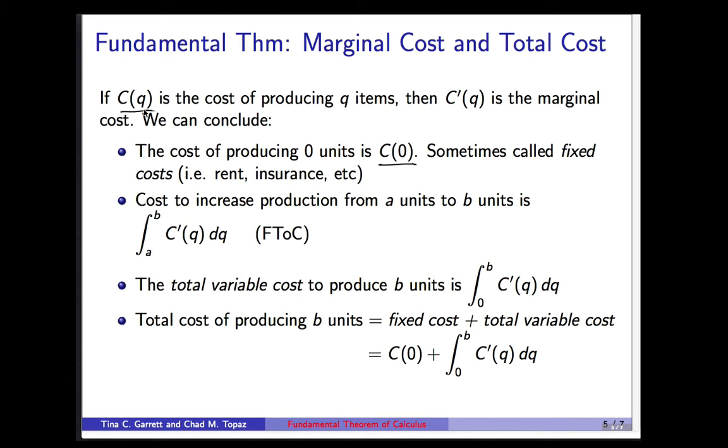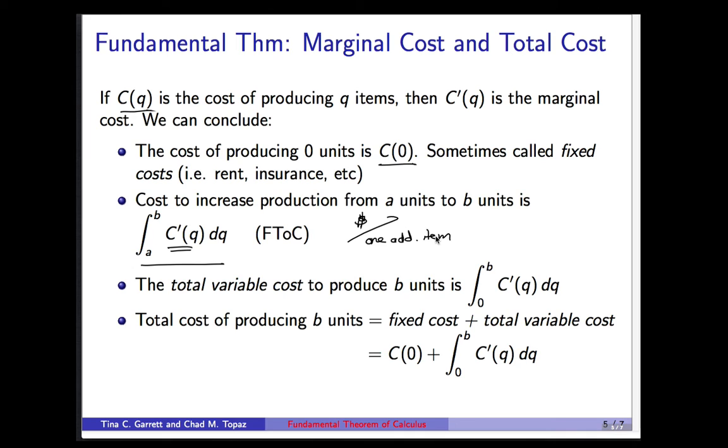And then there's this notion of variable cost. The cost to increase production from A units to B units is essentially this integral. Let's think about that. If you think about marginal cost, the C prime of Q, that was the dollars it required to produce one additional item.